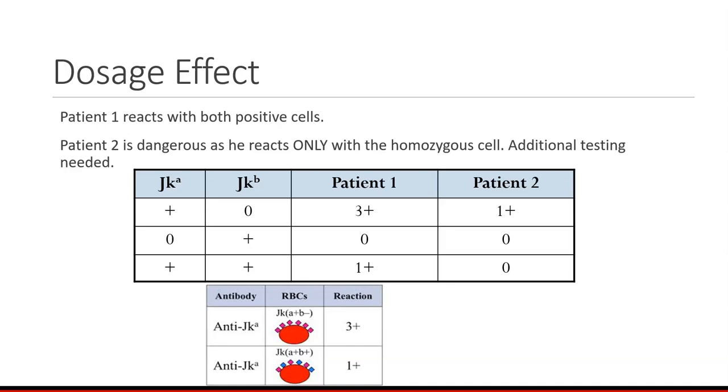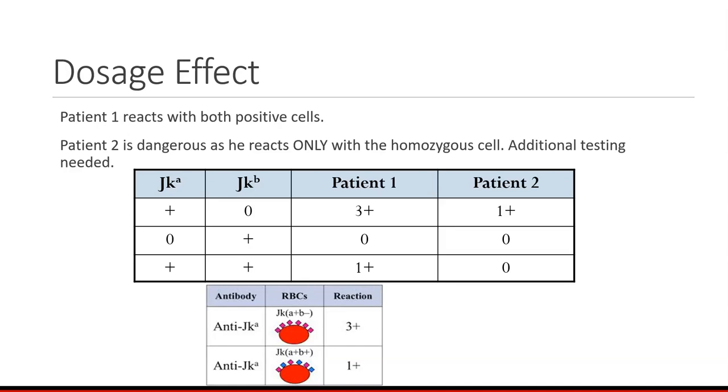And the most dangerous situation is when you have a patient with a very low dose of the antibody present in their serum or plasma. So if you notice patient 2, there's a 1+ with the homozygous and a negative with the heterozygous. And with experience, you will learn to question every reaction you get in testing in the blood bank.